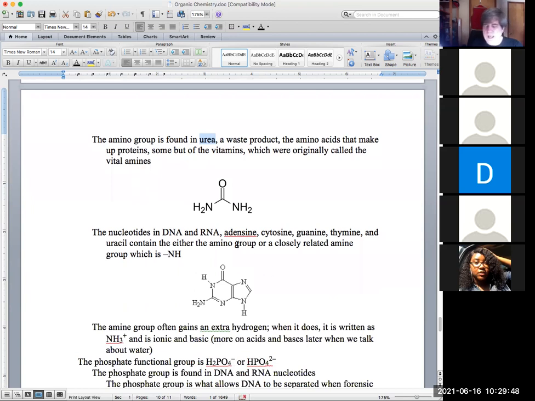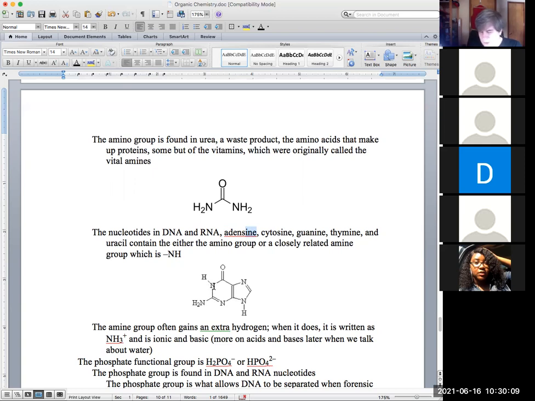If we look at the things that are called nucleotides, the building blocks of DNA and RNA: adenine, cytosine, guanine, thymine, and something called uracil. Notice that INE ending.